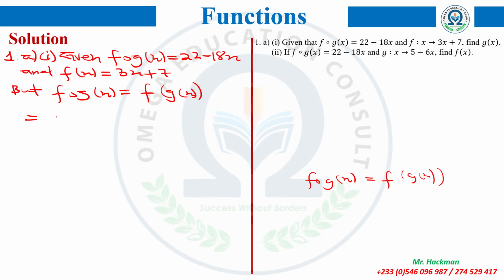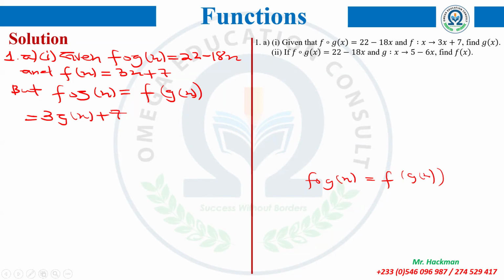What is the meaning? Wherever I see x in f of x, I put g of x there. Is that clear? So this is f of x. Wherever I see x, it is now g of x. So it means I will get 3 into g of x, plus 7.